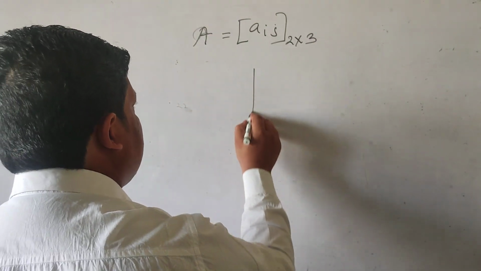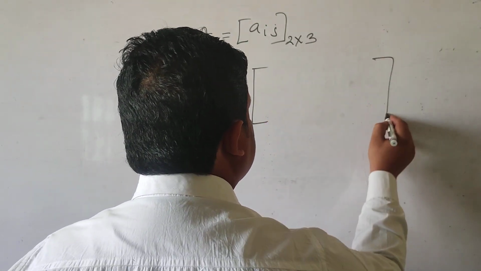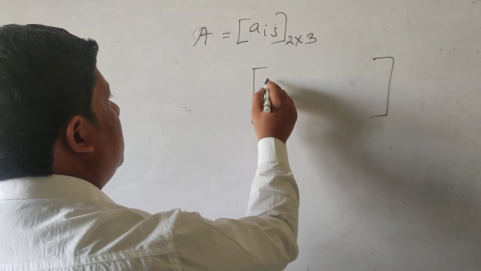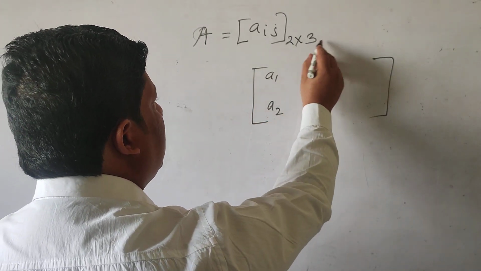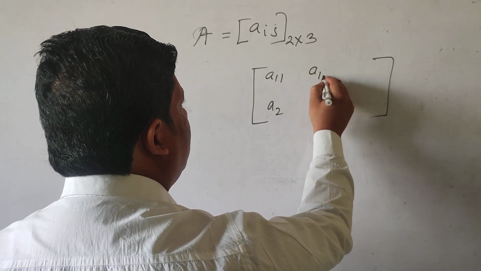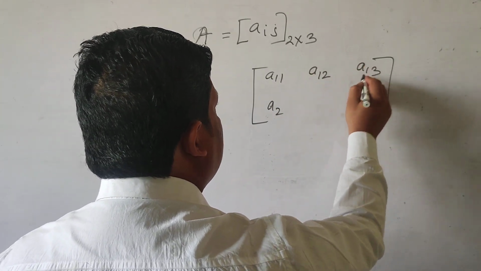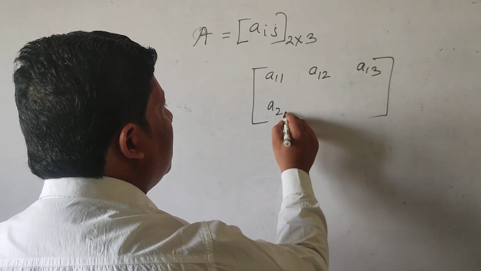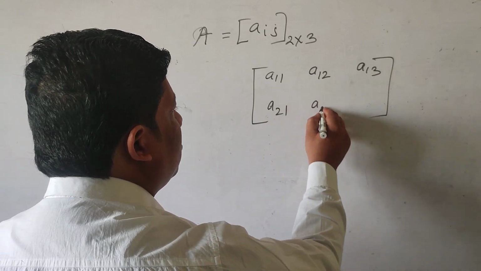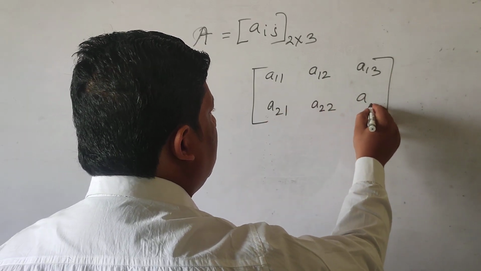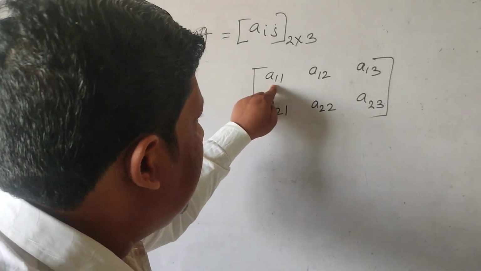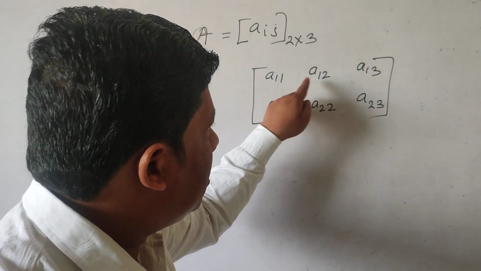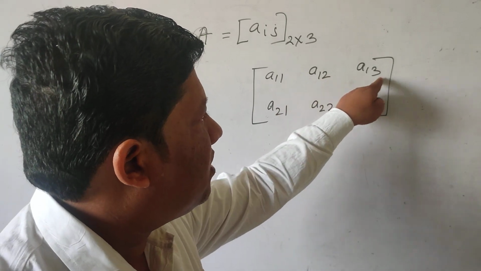Then you have to write like this: a11, a12, a13. Next, a21, a22, a23. The first element is the row and the second element is the column. First row, second column.